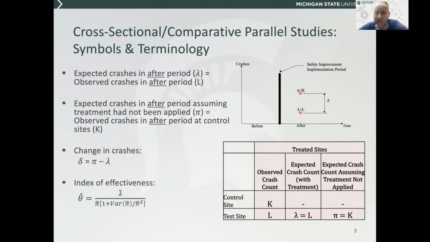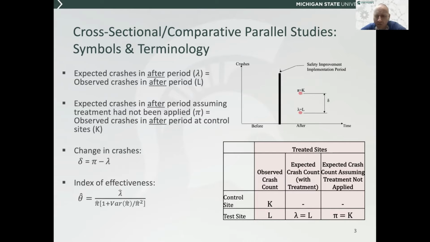As an alternative to that, a reasonable approach would be to compare locations where the treatment has been applied to other similar locations where that treatment has not been applied. If we think about this in concept, as compared to our prior examples where we had before and after period crash data for test sites, as well as potentially for control sites, in this case we only have data from the post-installation period for where the treatment has been applied and for control sites where the treatment hasn't been applied.